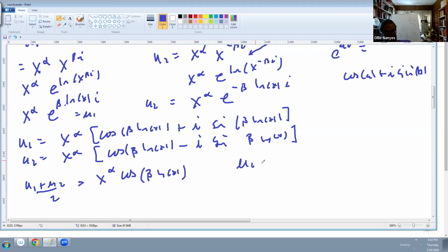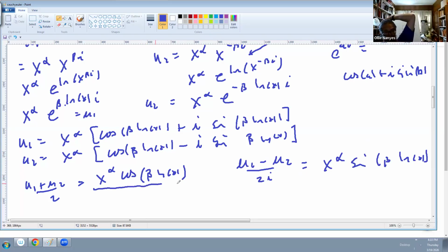And if we take u1 minus u2 and divide it by 2i, we'll get this. So these two, this is what's going to be our fundamental set of solutions. This will be our y1 and this will be our y2.